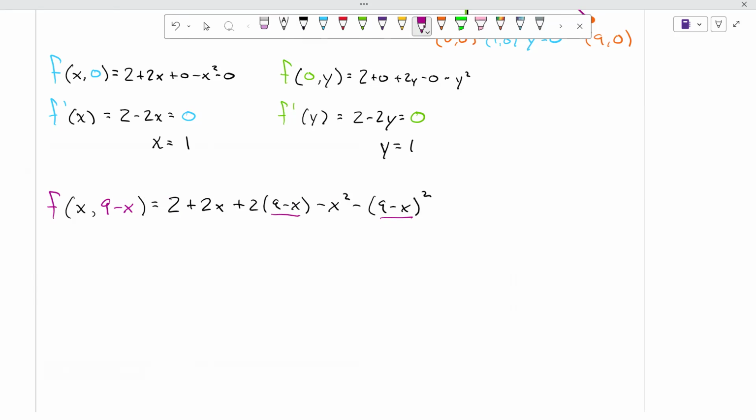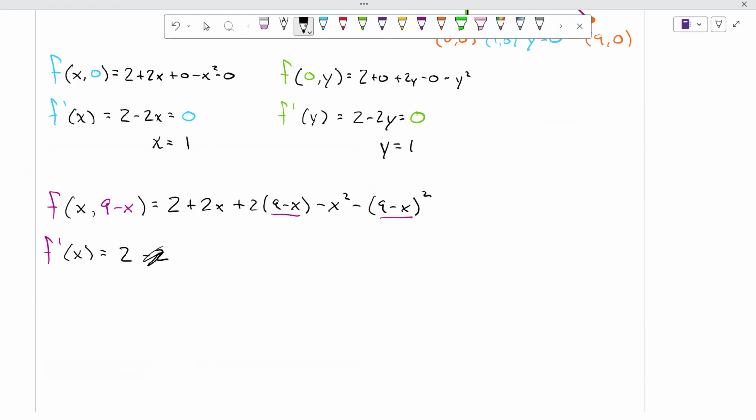And then I'll get a derivative of that. F prime of just x looks like this. 2 minus 2. All right, the derivative of that next piece through will be just -1, 2 times -1.